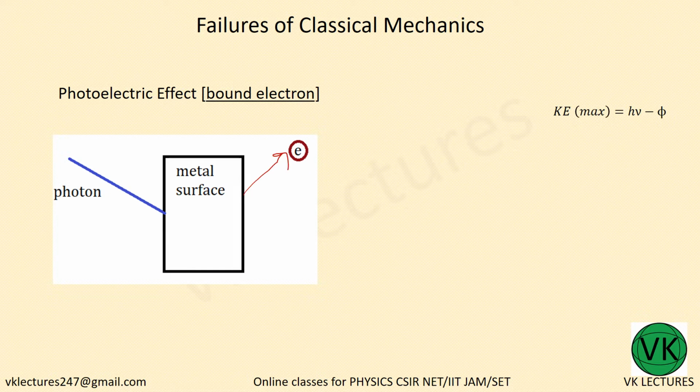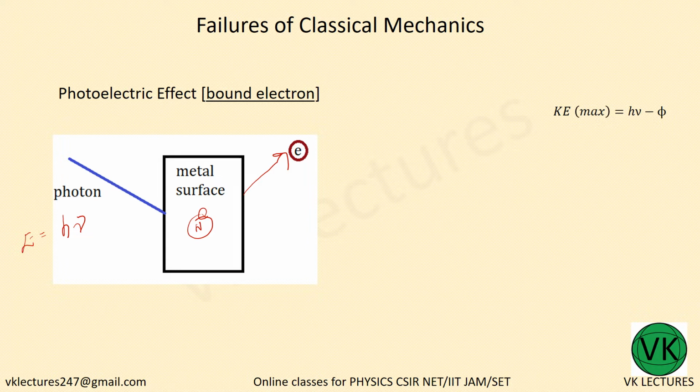Now here what we have to understand is that this photon will have an energy equal to h nu, where h is the Planck's constant and nu the frequency. The metal also has a property. The property is that this electron is bound to the nucleus of an atom by some energy, right? That means this electron is in the potential of the nucleus.